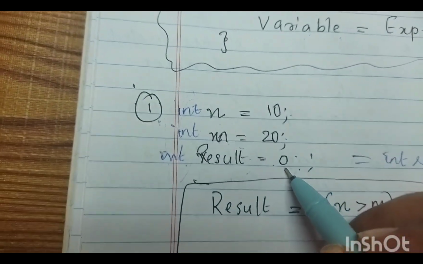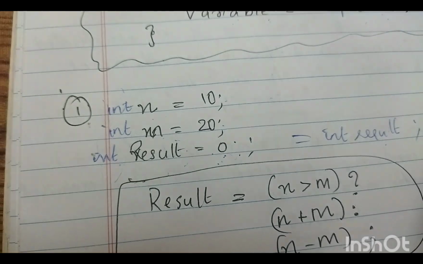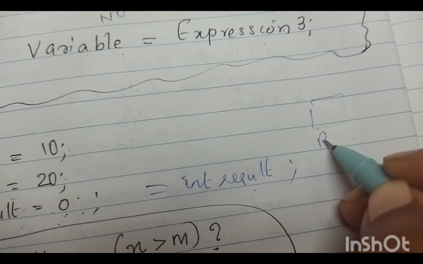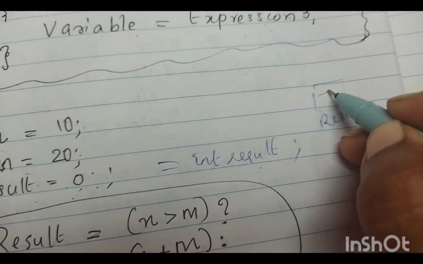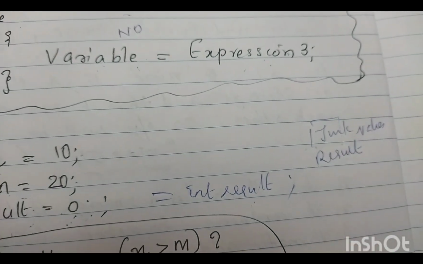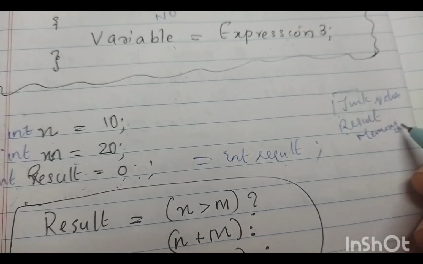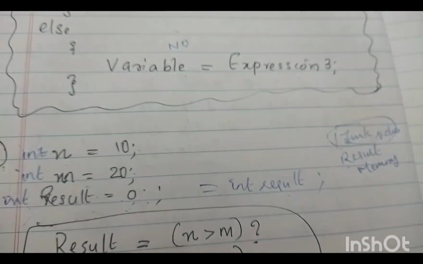This is initialization of the variable to 0, which means result is a memory area, and no junk values will be stored. Since result is a memory area, some junk values may be stored in this area.